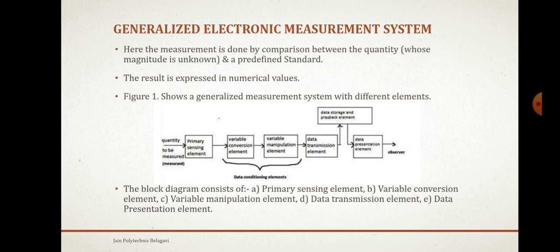Analog signals can be converted into digital form for automatic analysis. For this whole system we give a regulated power supply to operate, that is nothing but the electronically regulated power supply. It provides the required excitation to the transducer and the necessary electrical power to the signal conditioner and display devices.